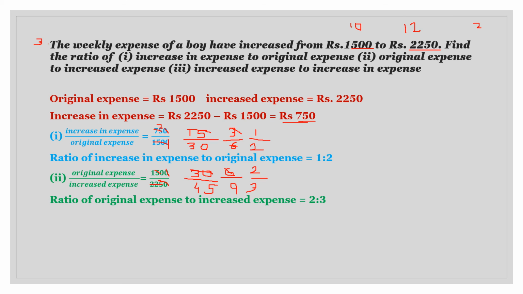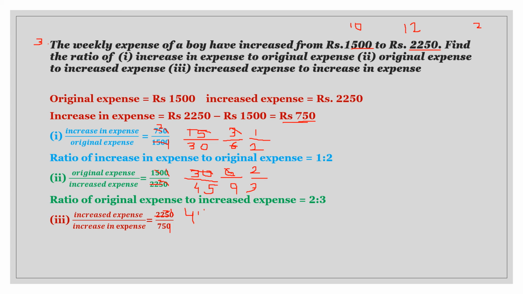Now let us come to the last part. Increased expense to increase in expense. See, increased expense was 2,250. And how much was the increase in expense? That is 750. So I'll cancel this and this. Again, 5 fours are 20, and 2 will carry over, so it will become 25. 5 fives are 25.